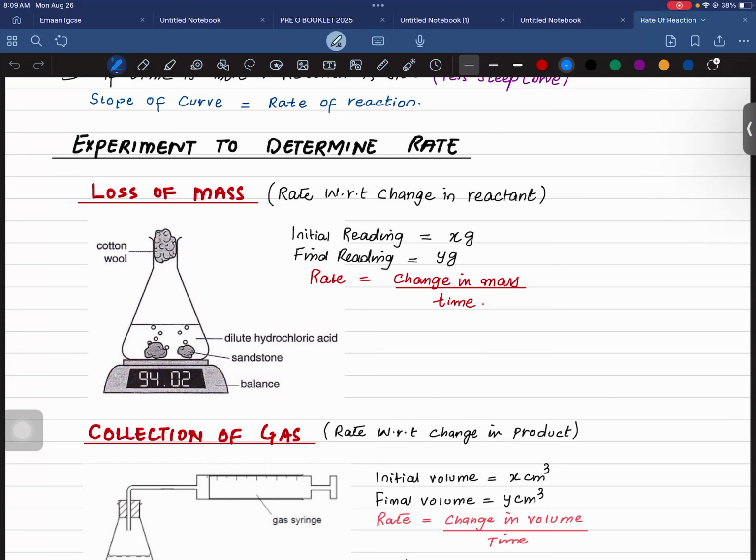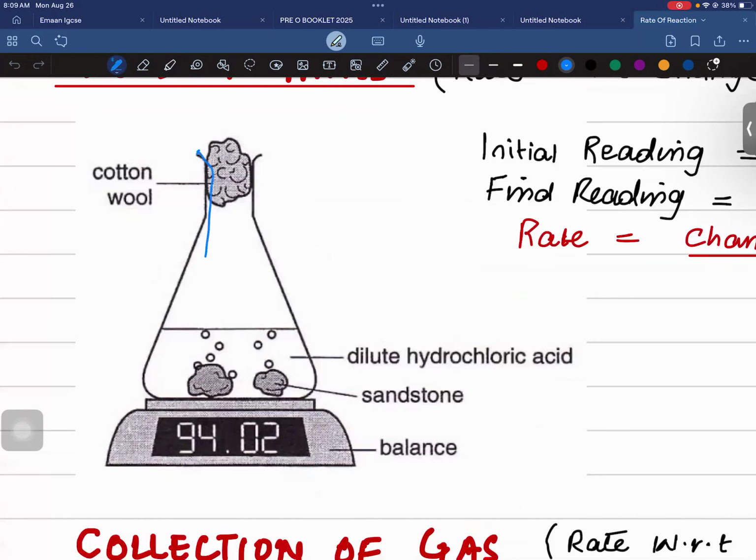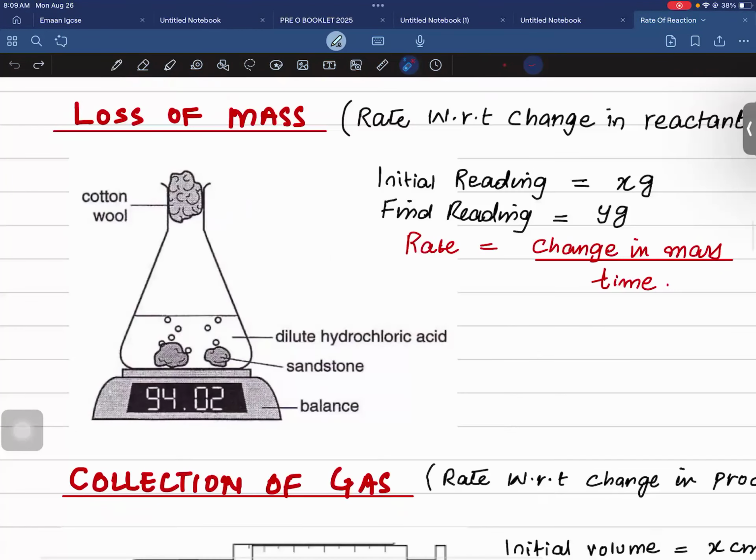They have mentioned in the syllabus that you can just consider the loss in mass, or you can consider it in terms of gas. So I have taken this conical flask, and I have put marble chips in this, and then I have added dilute hydrochloric acid.